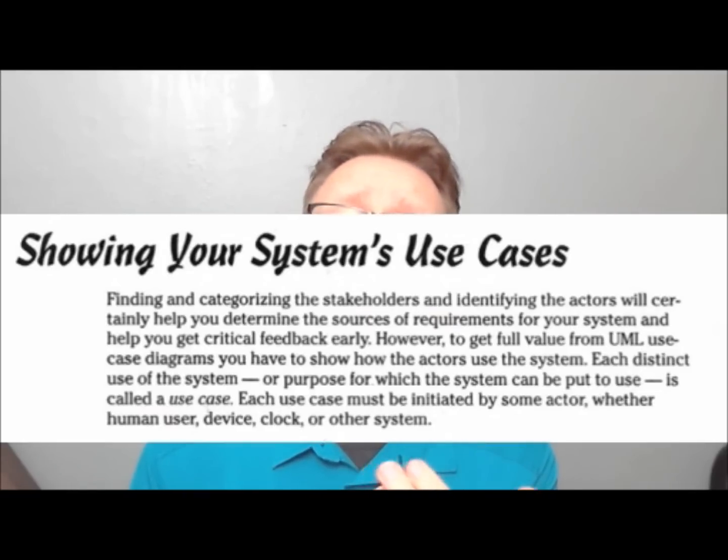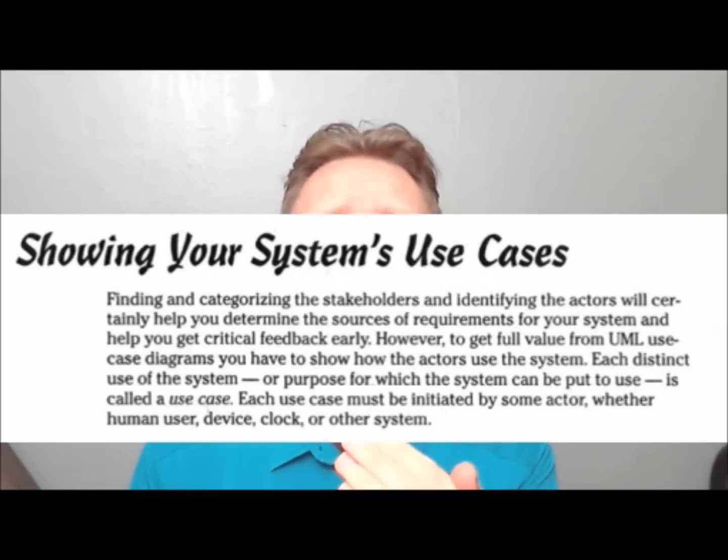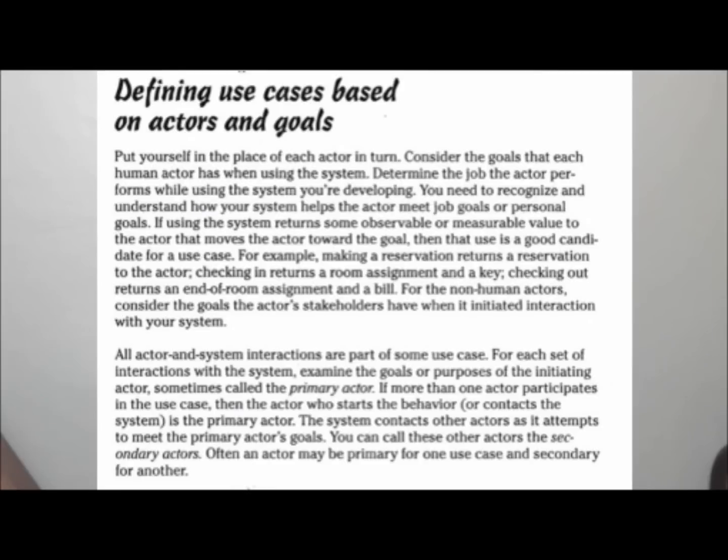So what you need to do to get this done is put yourself in the place of each actor. Think about how an actor will use a system. Consider the goal that a human actor has when they use a system. Determine the job the actor performs while using the system. Think about the outcome the actor is looking for.